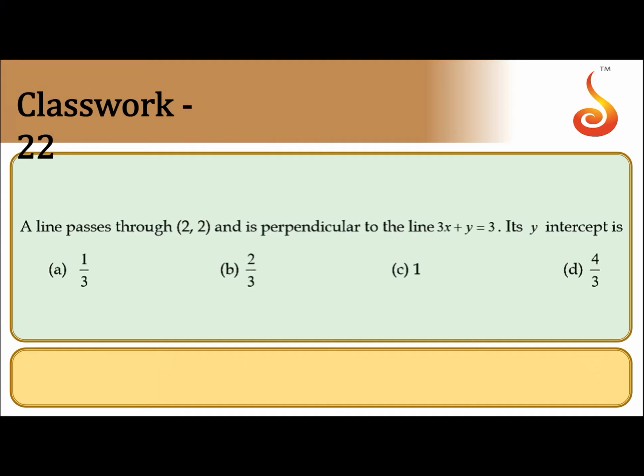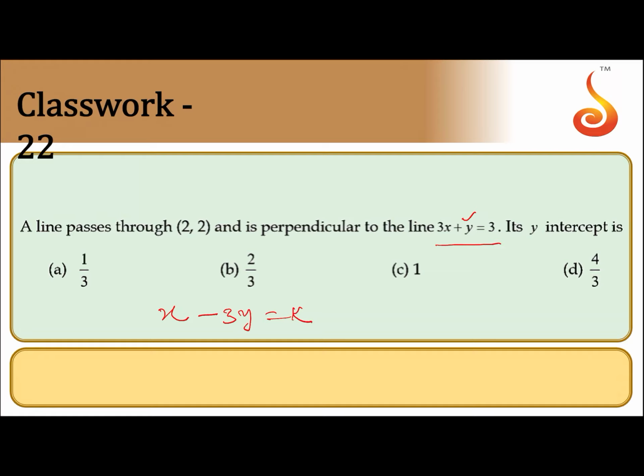A line passes through 2 comma 3 and is perpendicular to the given line, having a y-intercept. A perpendicular line to this one, you can write by interchanging the coefficients. So the y coefficient is 1: 1 multiplied by x minus 3 multiplied by y equals a constant k.